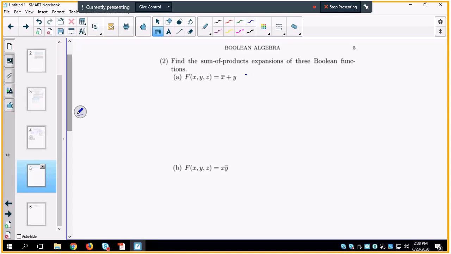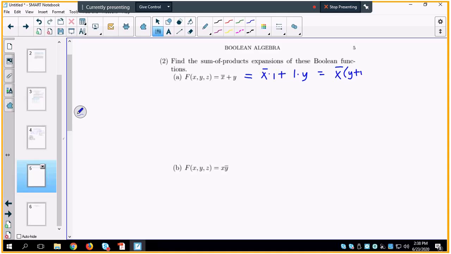So first I'm going to say that x bar is equal to x bar times 1, and then I have plus y, which is also, I'm going to write it as 1 times y. Then I'll replace 1 by y plus y bar.